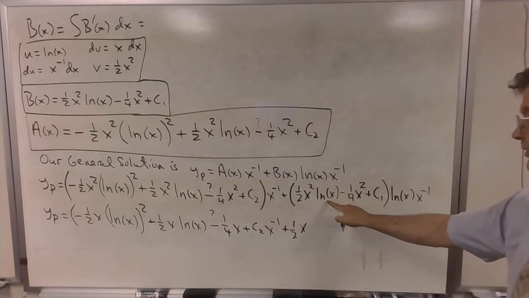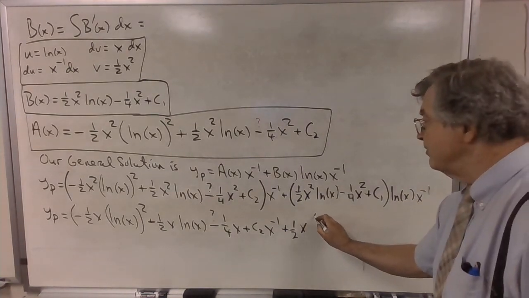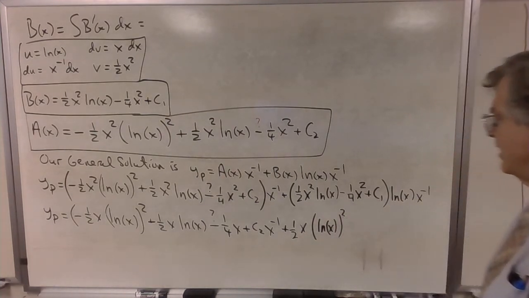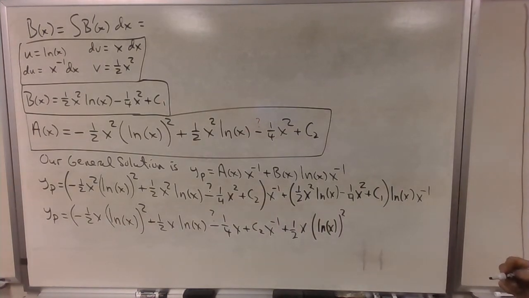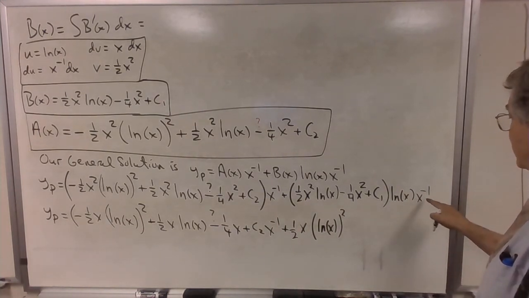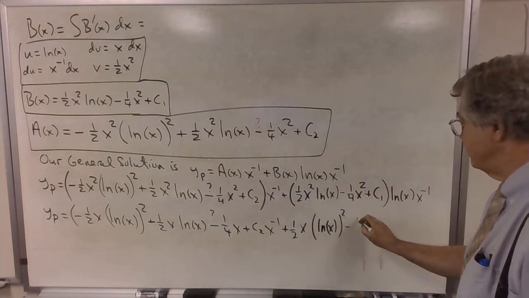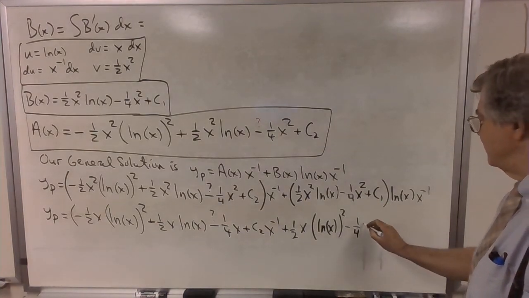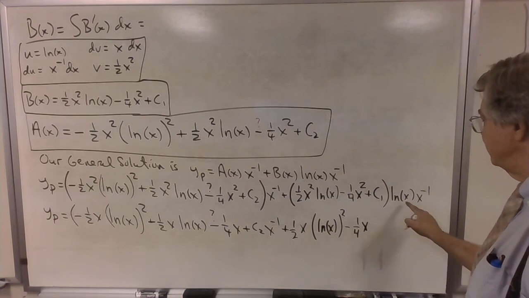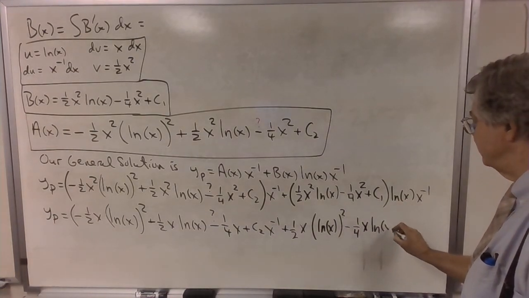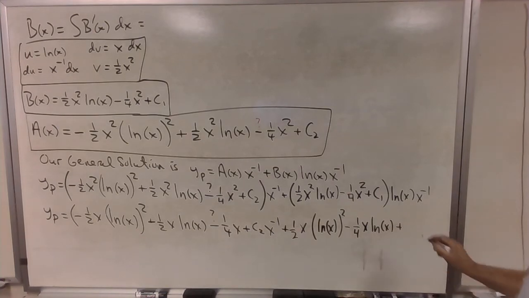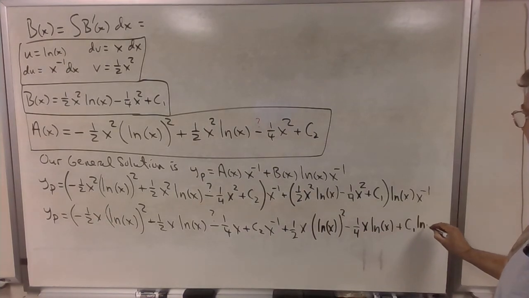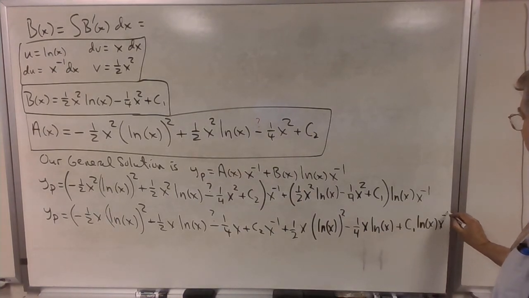Natural log of x times natural log of x, natural log of x squared. Oh, goody, goody, goody. Let's see. Minus 1/4 x to the negative 1 times x squared is just x times natural log of x plus c1 natural log of x, x to the negative 1.